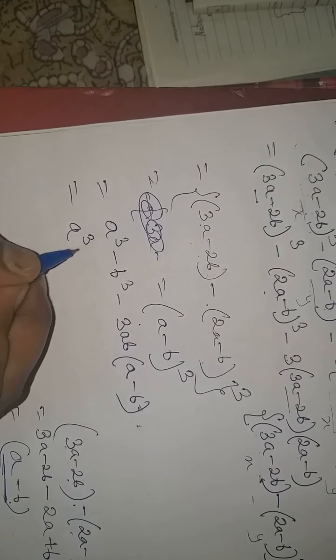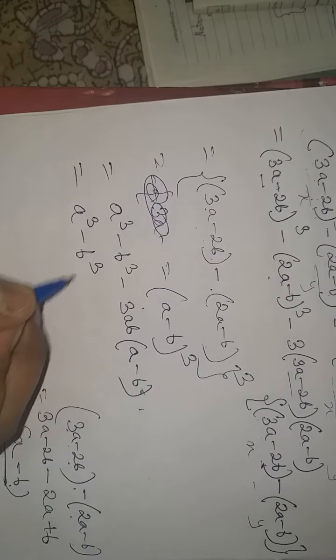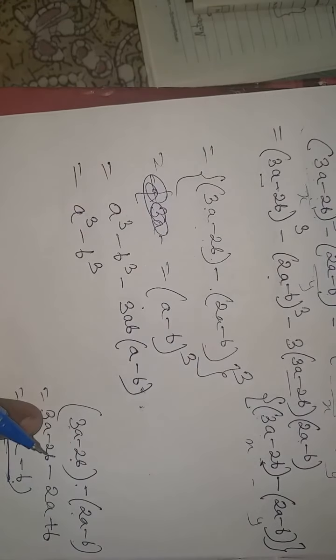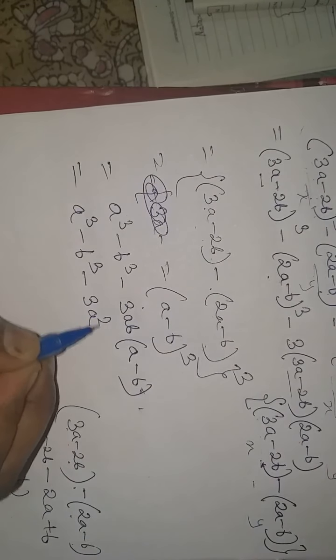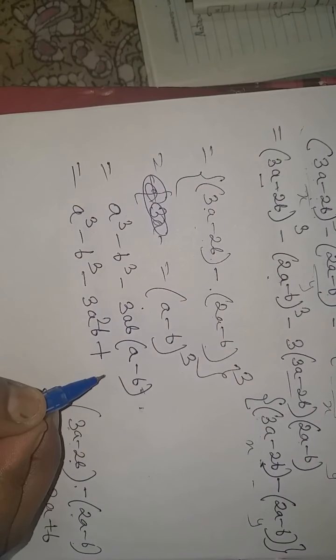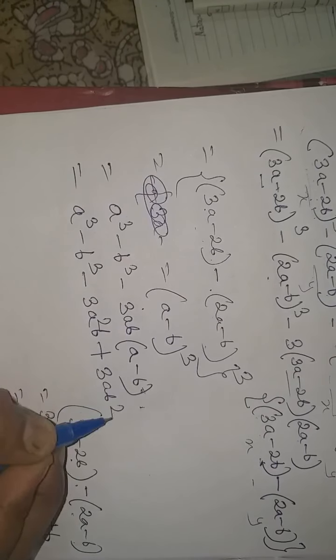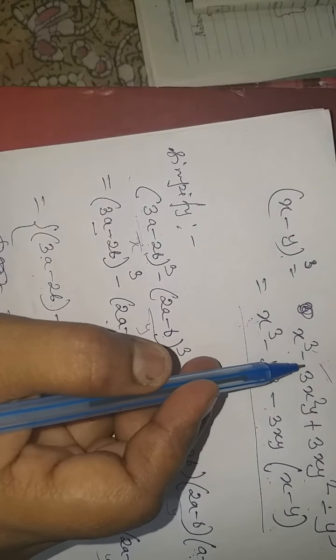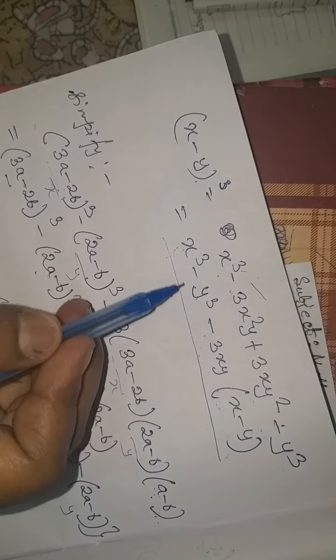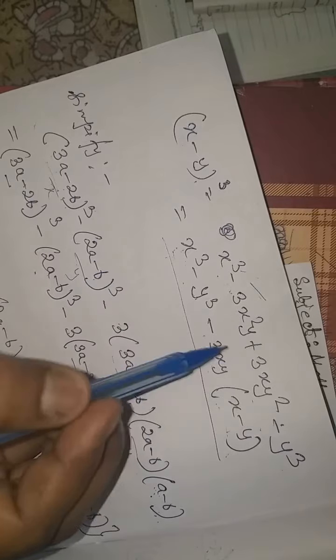Now you have to just multiply, because we are doing the simplification, so we should come to the simplest form, that is a cube minus b cube minus 3a square b plus 3ab square. So this is the answer. Either you can directly write this form, or you can write the other form and then multiply, and you should get your answer.